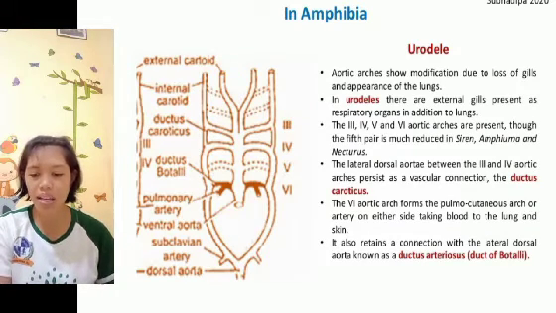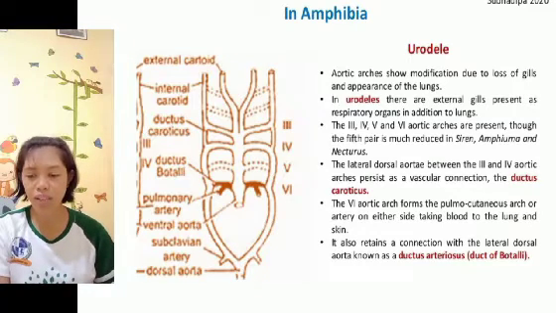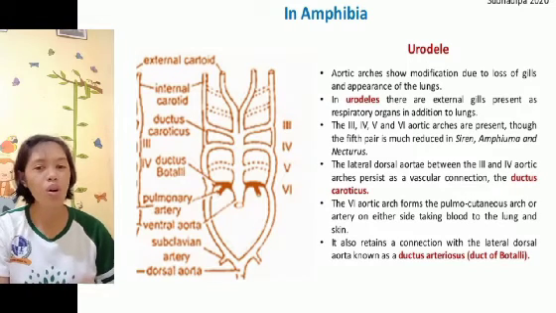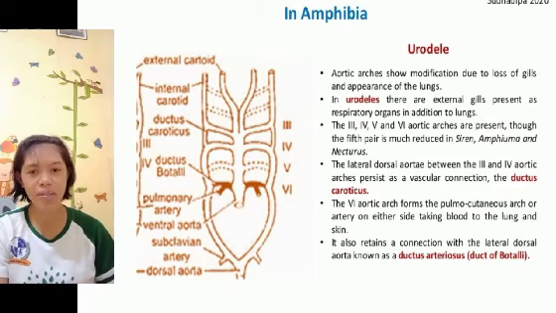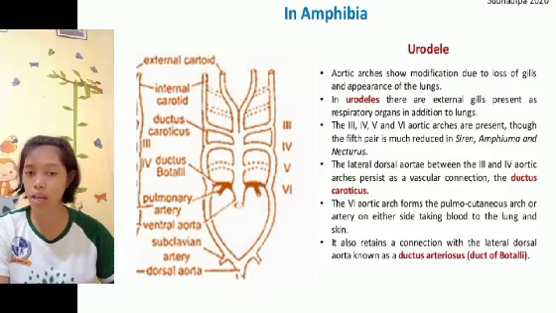They are connected, so they are named ductus caroticus. I told you that this is very advantageous because the 3rd arc can go towards the tail or towards the head, and the 4th arc also can do that.